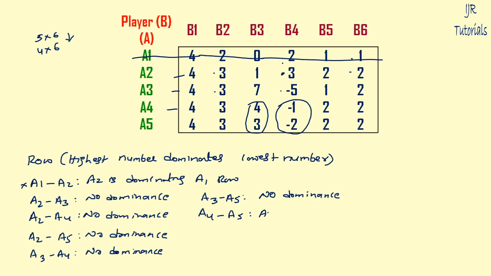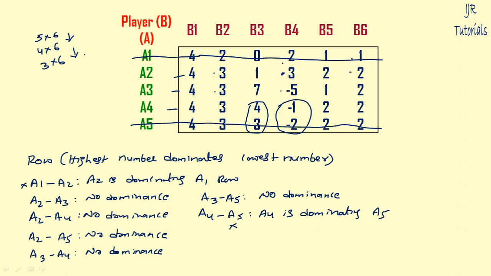So we can say that A4 is dominating A5. So we can easily delete the A5 row. So now the matrix is reduced to 3 by 6. So this is the way to reduce the dominance.